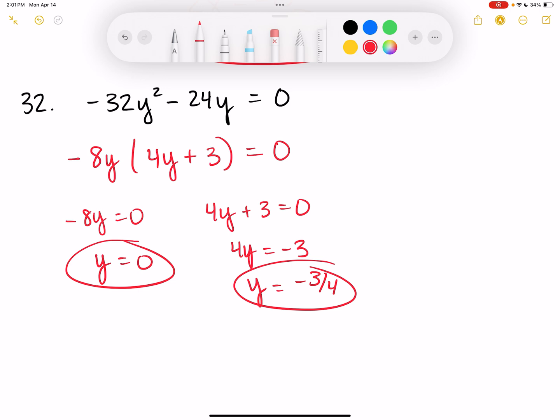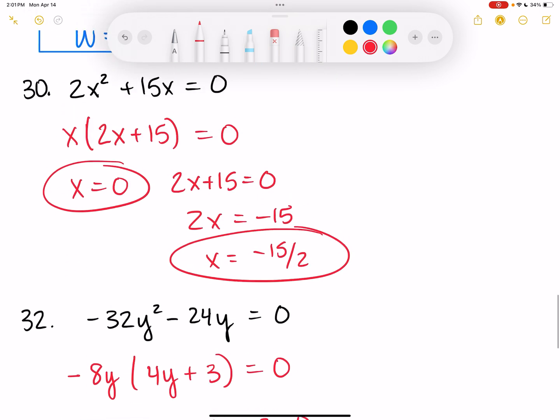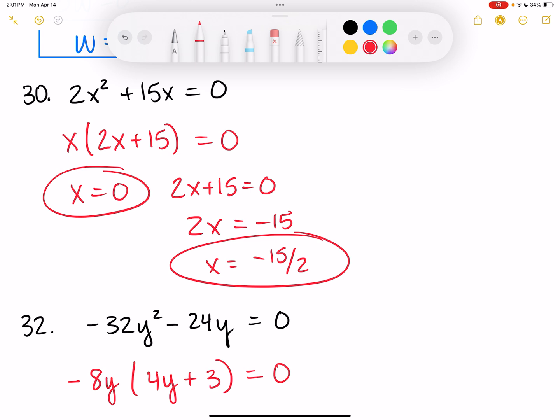All right, what was our factored form? So not the final answer, but what's the first thing you did when you factored something out? What'd we get? 8y, like 8y parentheses negative 4y minus 3. Okay, so you didn't listen to me. Anybody else?